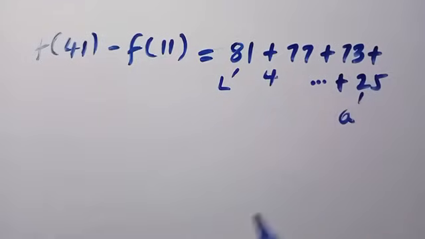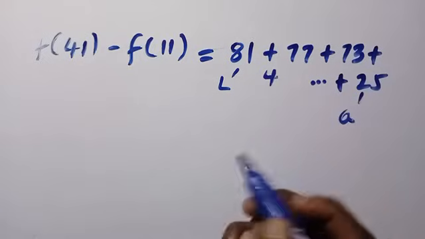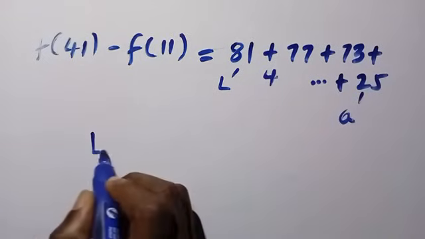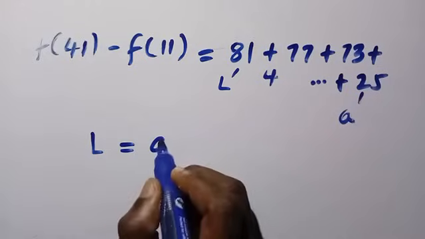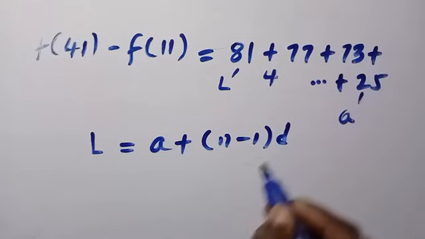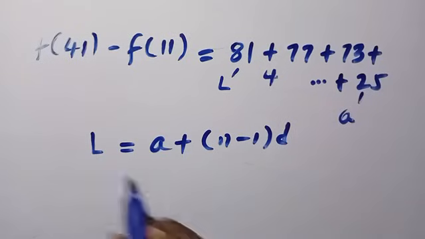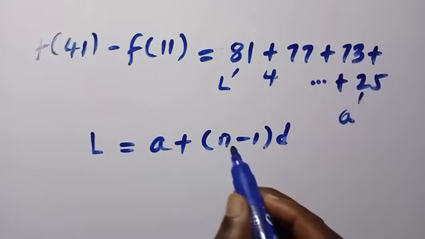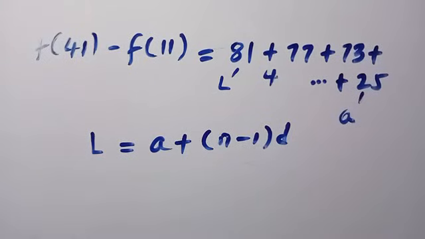Let's find the number of terms. To know the number of terms, we apply this formula, which is L equals a plus n minus 1 close bracket d. So last term, first term, number of terms, and the common difference.